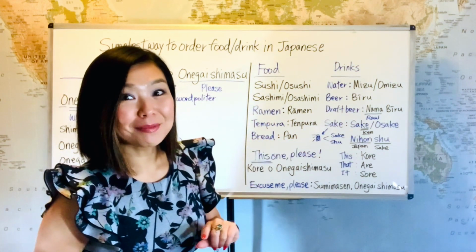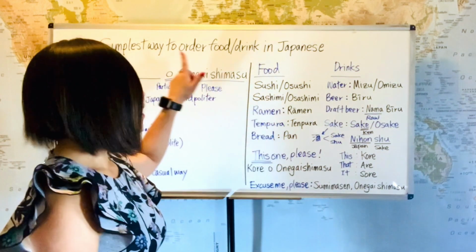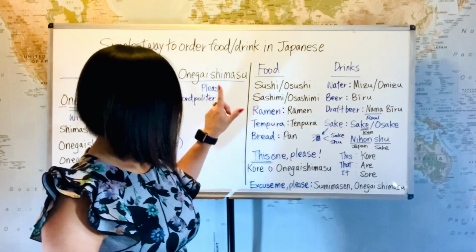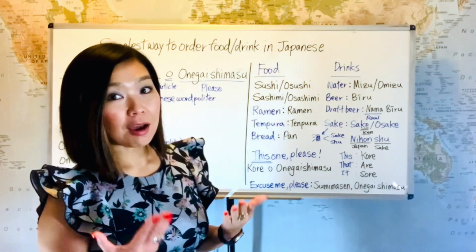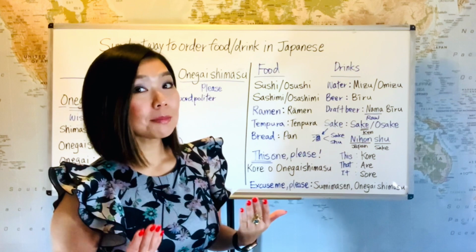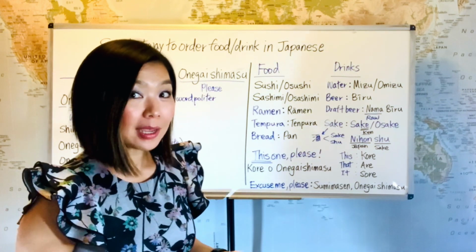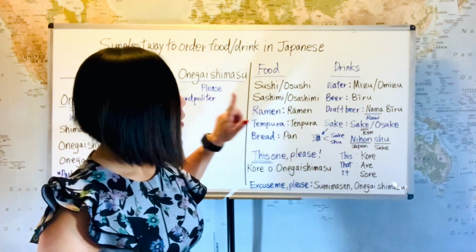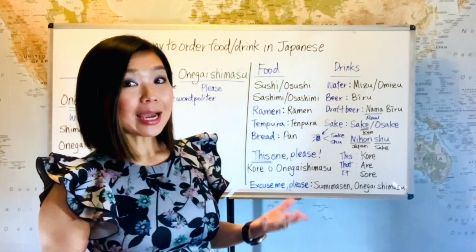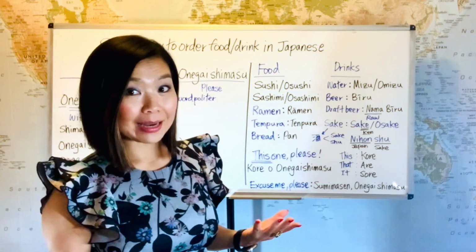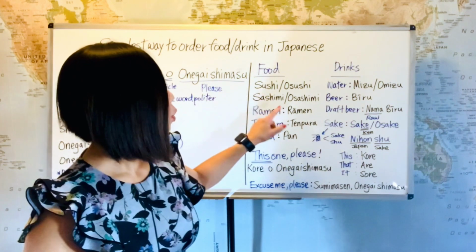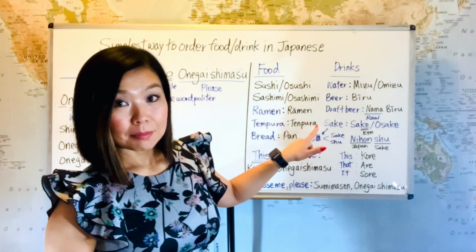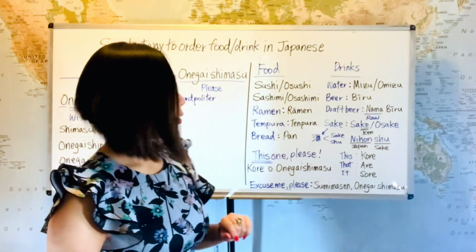Oh, I love ramen so much. Remember R? We don't have the R sound in Japanese, so we pronounce it like L. And this ramen is actually a Chinese word. This word came from China, so we don't add o in front of ramen because it's not a Japanese word, okay?